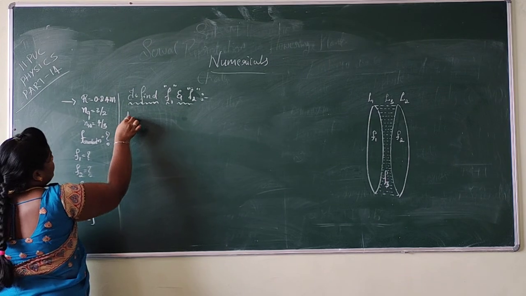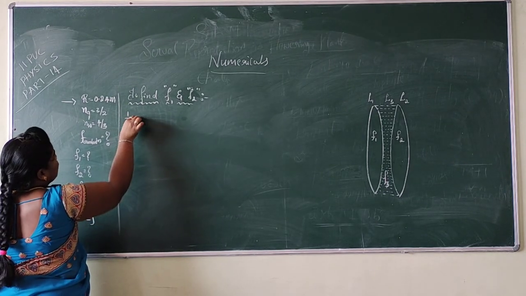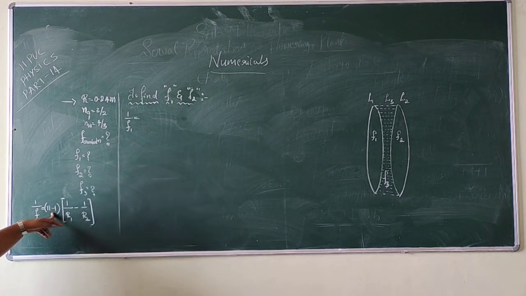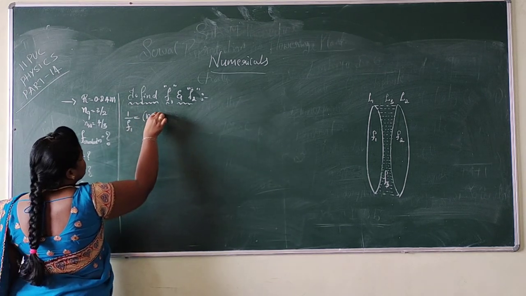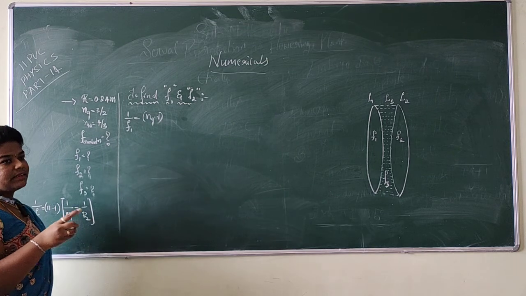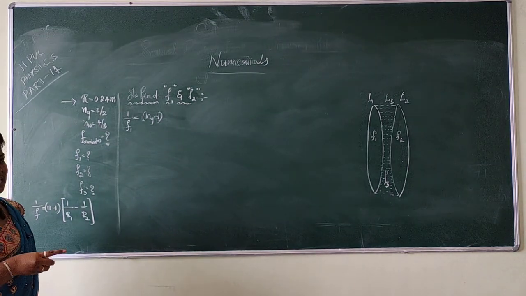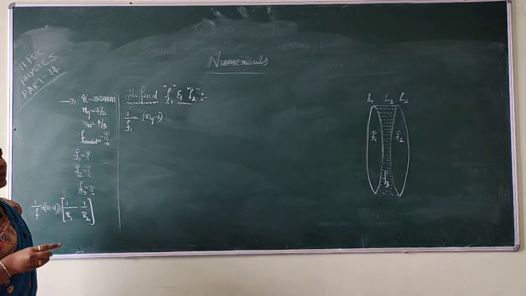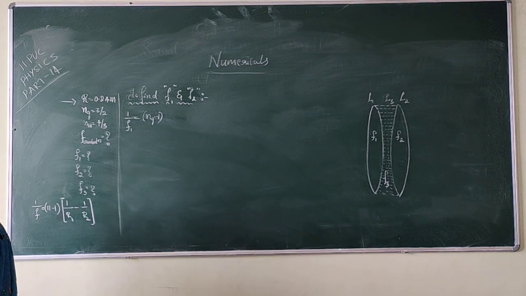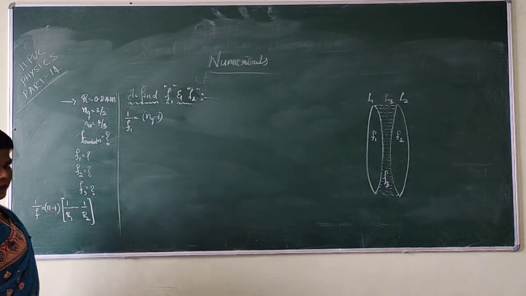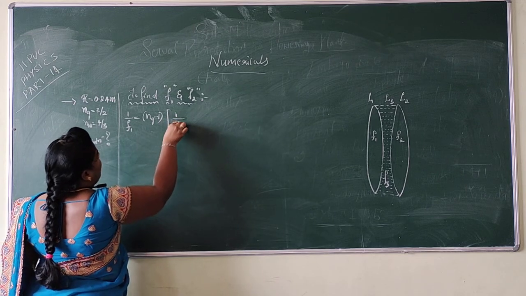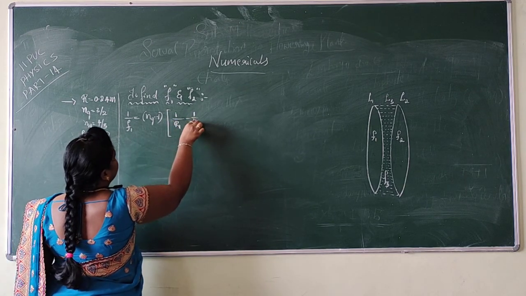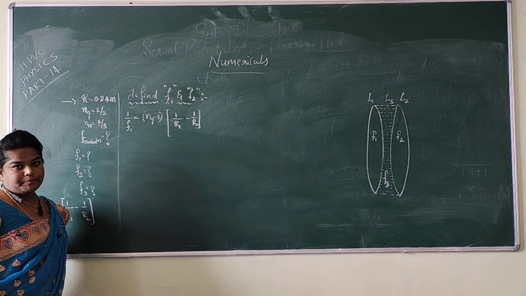1 by F1 is equal to Ng minus 1, because the lens is made up of glass, so the lens has refractive index Ng, into 1 by R1 minus 1 by R2, right?